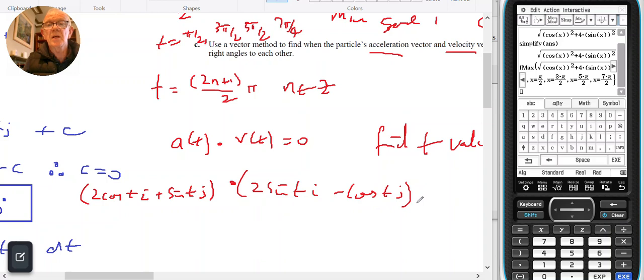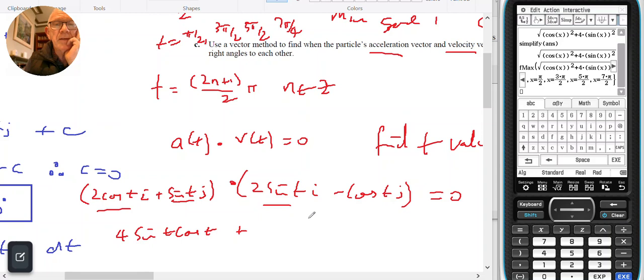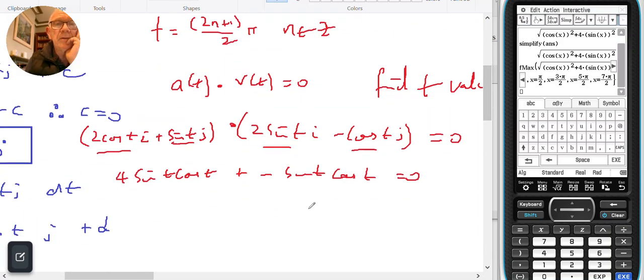The dot product: I multiply the i's and the j's. So 2cos(t) times 2sin(t) is 4sin(t)cos(t), plus sin(t) times negative cos(t), minus sin(t)cos(t), equals 0. Collecting like terms, 3sin(t)cos(t) equals 0.